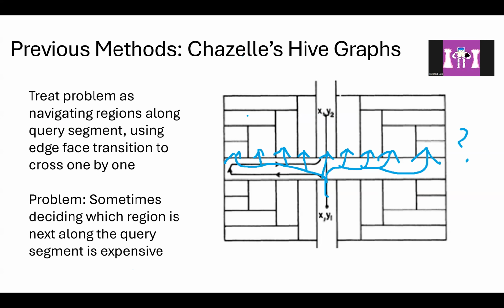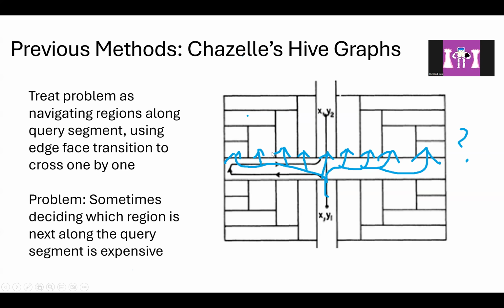Let's look at previous methods. First we have Chazelle's hive graphs. You traverse along regions and use edge transitions to decide which region you go to next. But the problem is it can be expensive. In this step, you're in this fat region and have a lot of choices for the next regions.